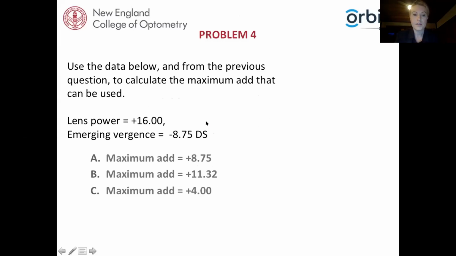The image distance is really the inverse of this value here, in this case negative 8.75 diopters. Now, to prescribe the maximum near addition I can prescribe with this magnifier, it is going to be the inverse of that. So it will be plus 8 diopters.